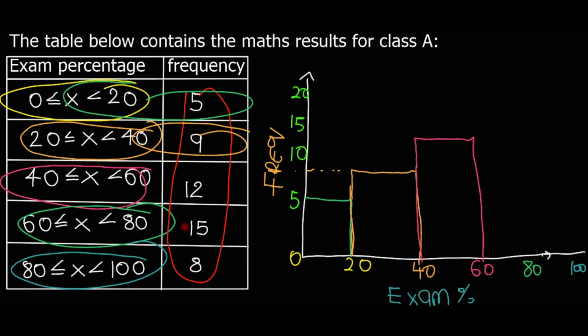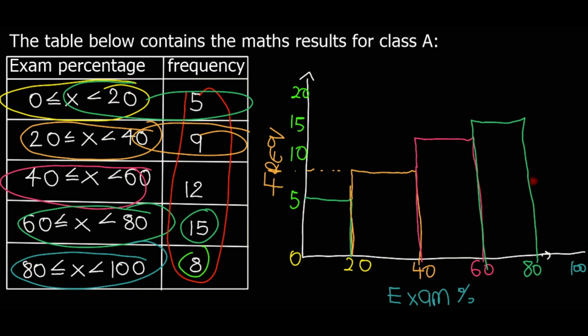Then 60 to 80 has 15. So 60 to 80 is 15. So this is 60 to 80, and the last one, 80 to 100, has only 8.